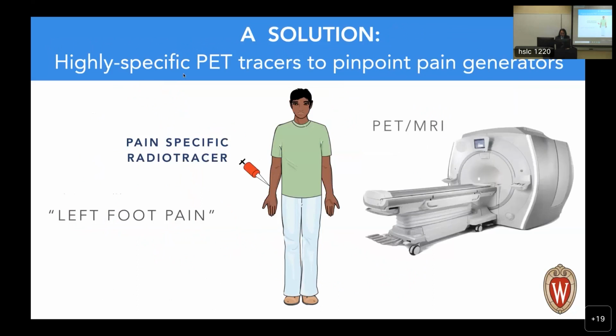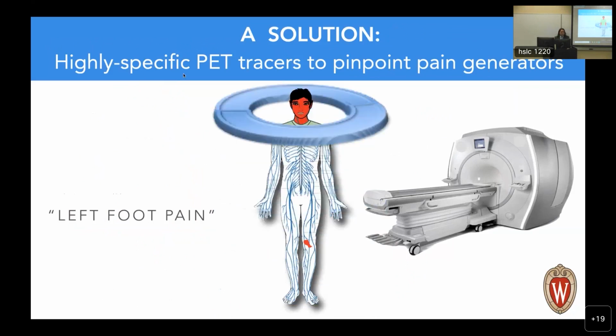Okay. And let's say, for example, someone came in with left foot pain. The idea was that you would take your pain-specific radio tracer, and you would inject it. It would kind of swim around. It would look for that molecular or cellular phenotype with high degree of specificity, and then you would scan them with a PET scan.